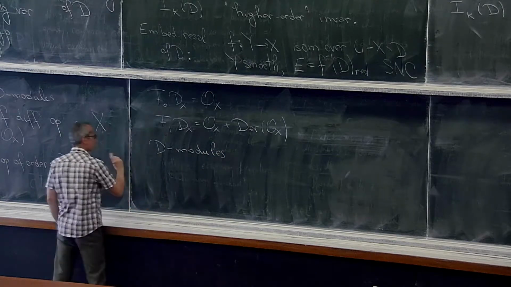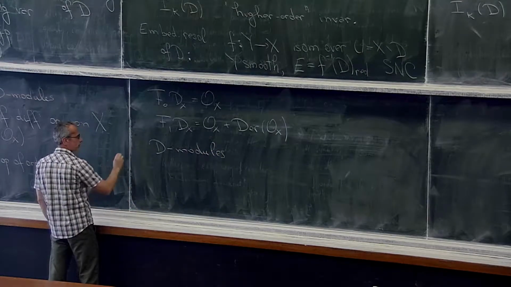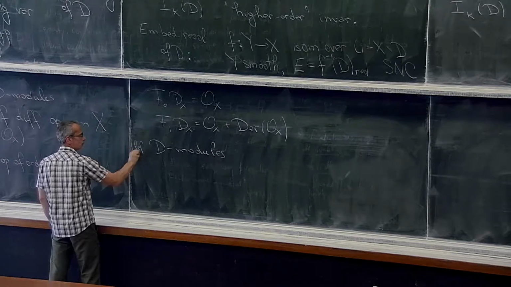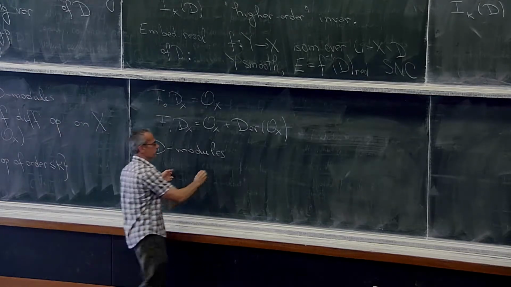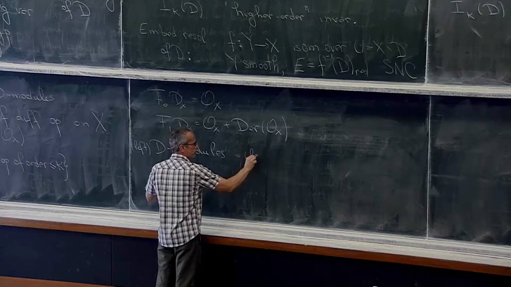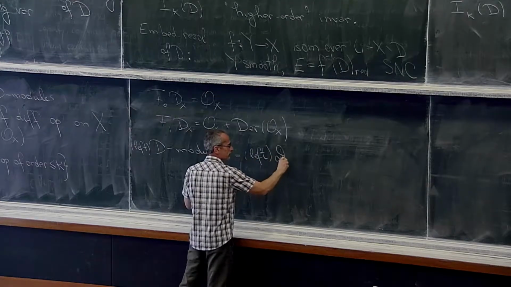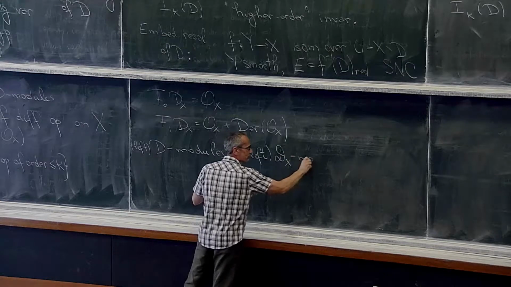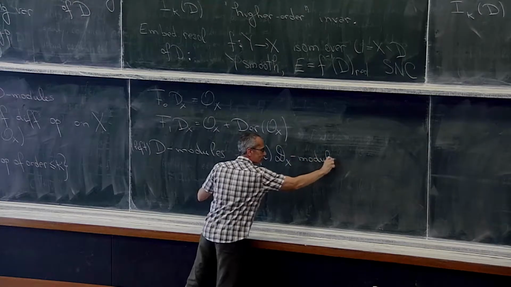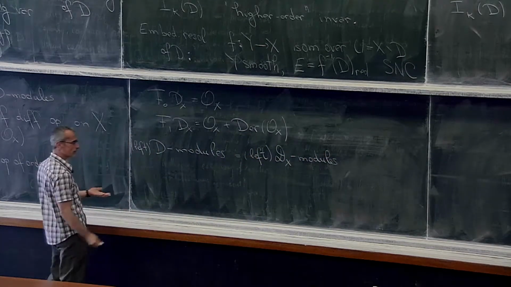And for simplicity, I'll always stick to the case of left D modules. So these are simply left modules over the sheaf of differential operators. Okay? All right, so what are the basic examples?